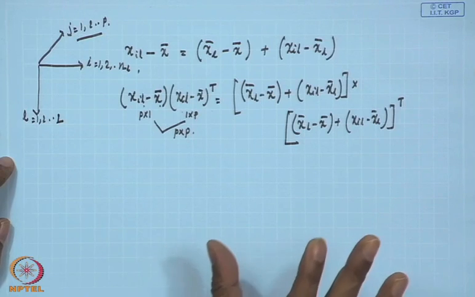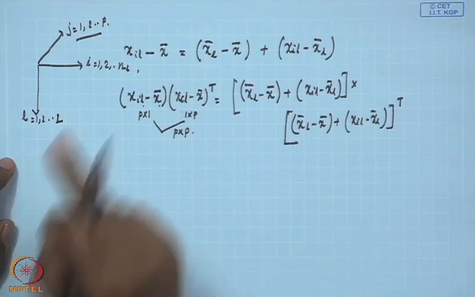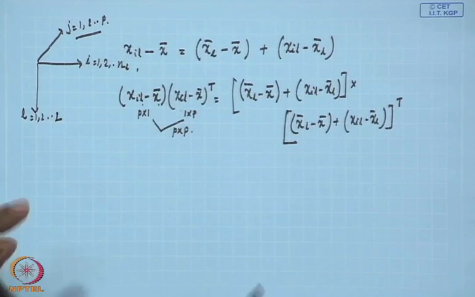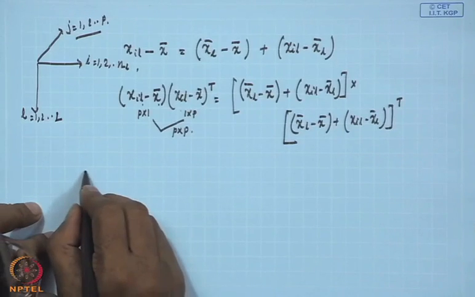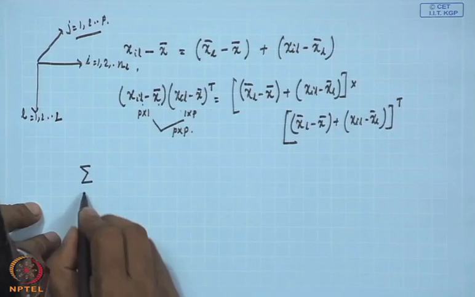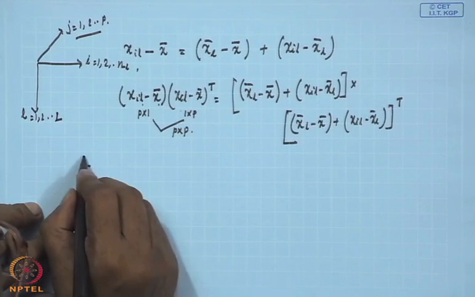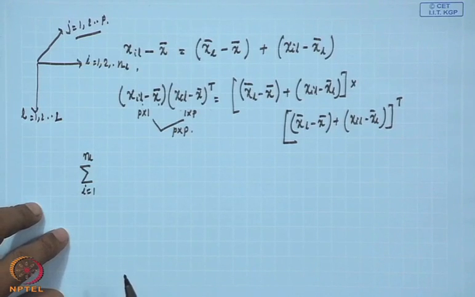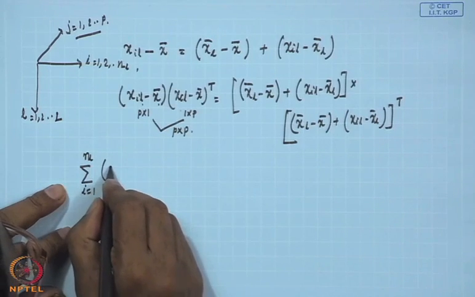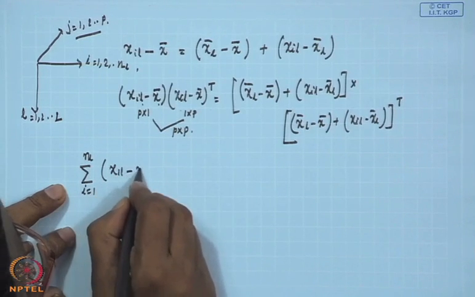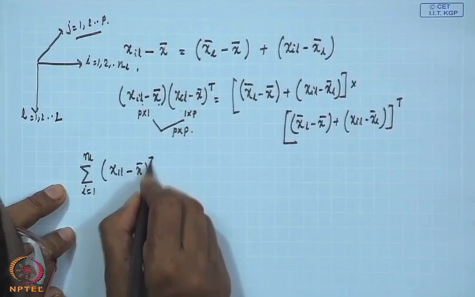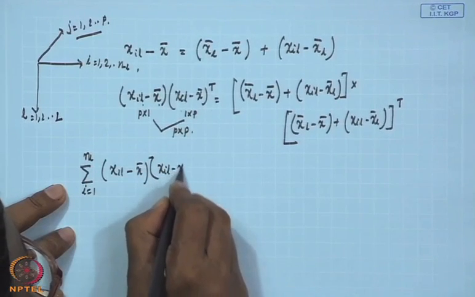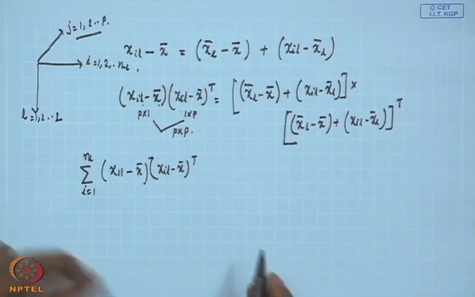So, we will make a sum over these dimensions. First is with I. If I make the summation I equal to 1 to n L, then this quantity will become XIL minus x bar into XIL minus x bar transpose.